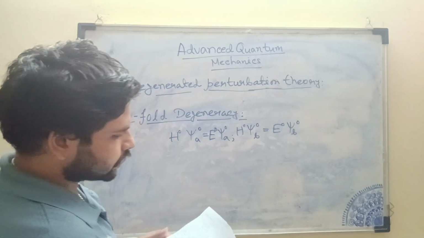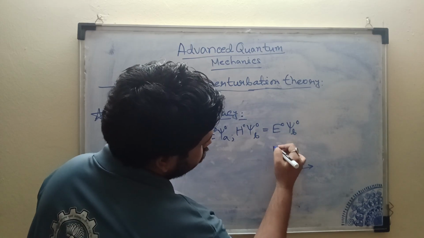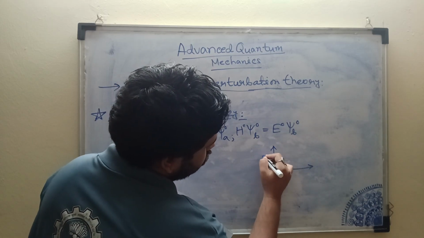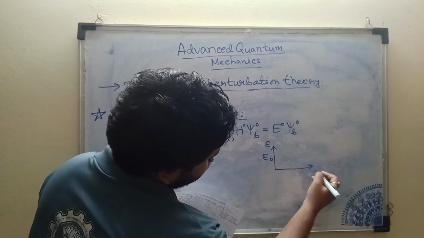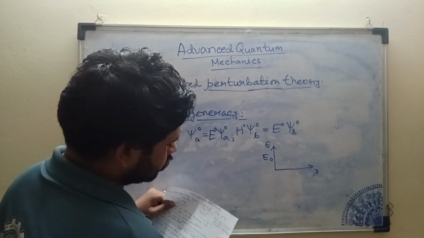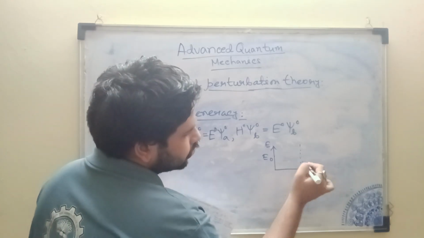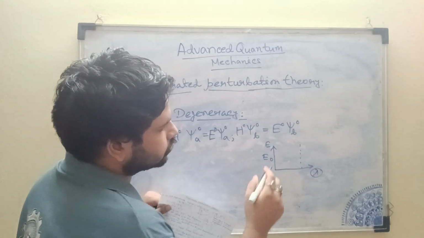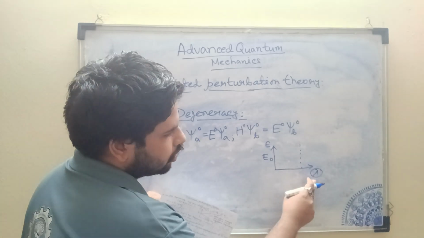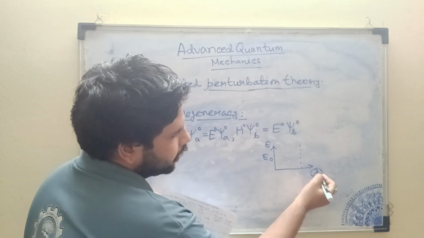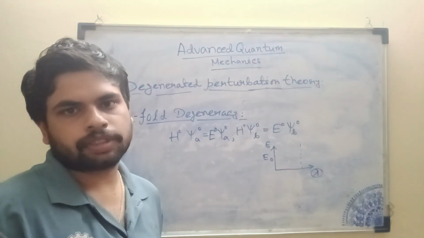So what happens is that if we plot a graph here, this is E0, this is the energy, and this is lambda, which is the parameter we have used for perturbation. This is a parameter that is responsible for the perturbation.